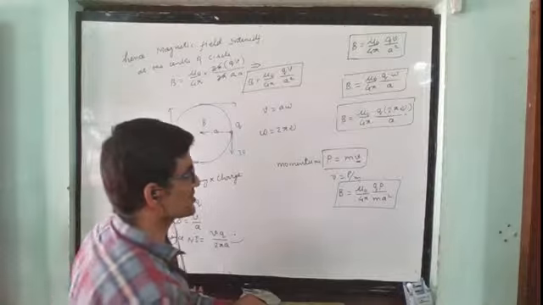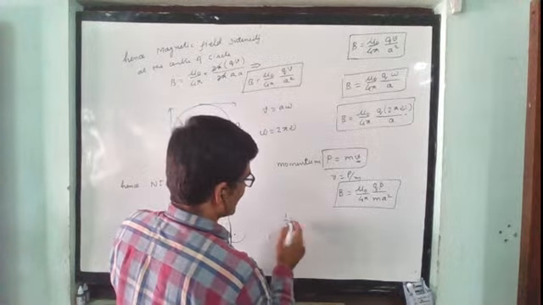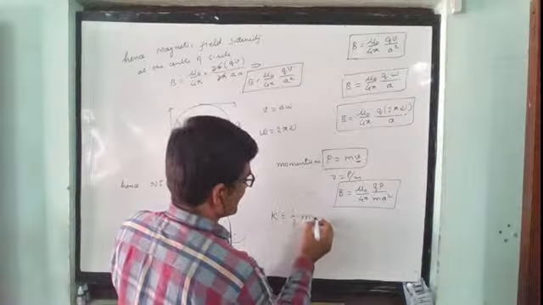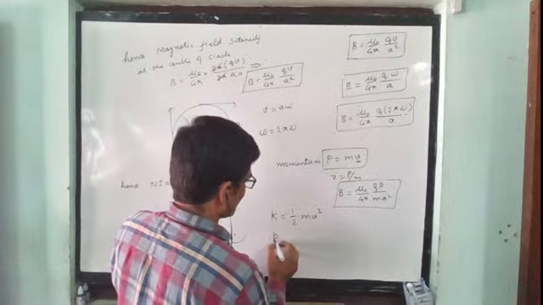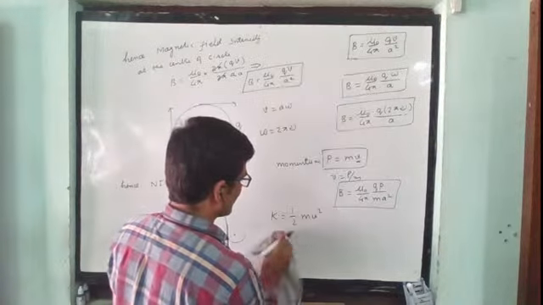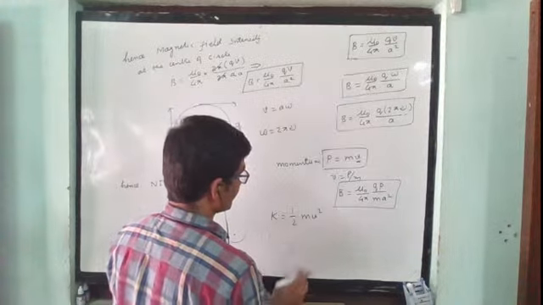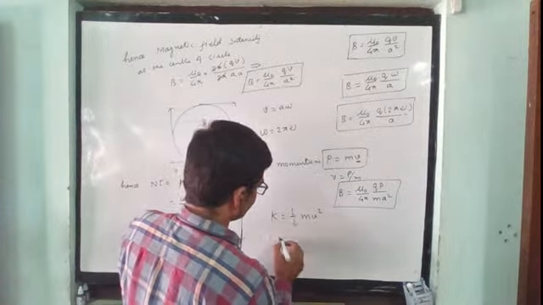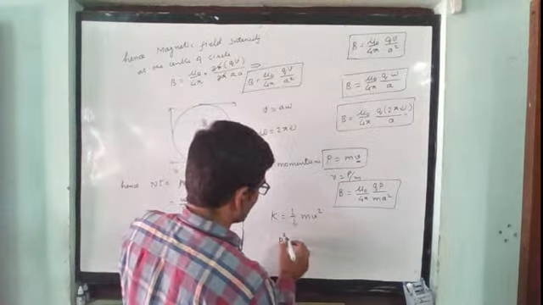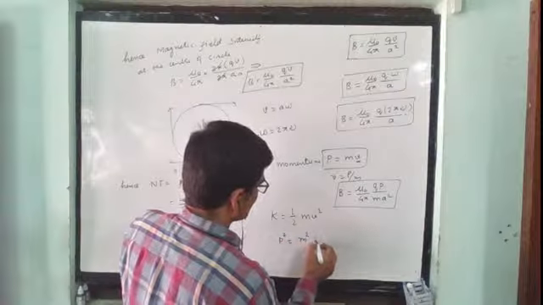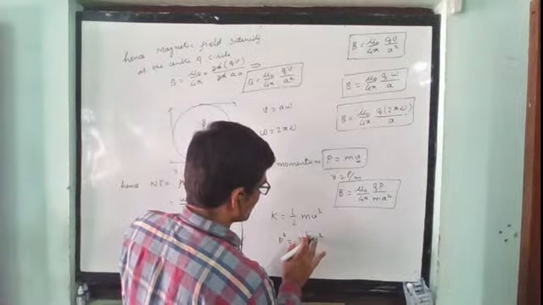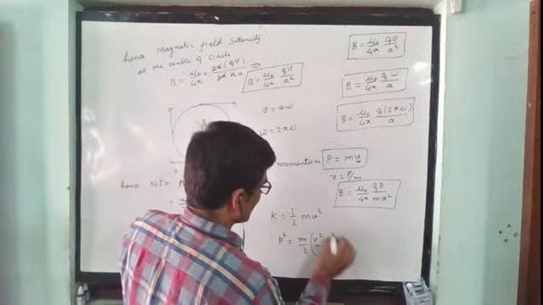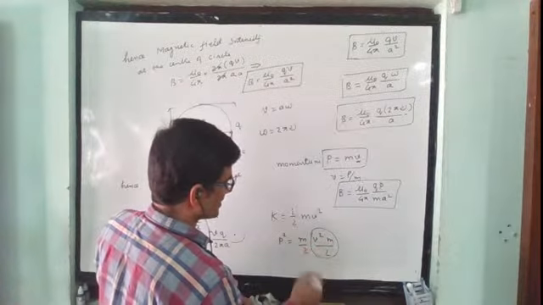One more relation in terms of momentum. Correct? And you also know that kinetic energy is half mv square, and there is a relation between kinetic energy and momentum. You also know p square is equal to m square v square. Writing m twice, if we multiply by half, this kinetic energy will be half mv square.